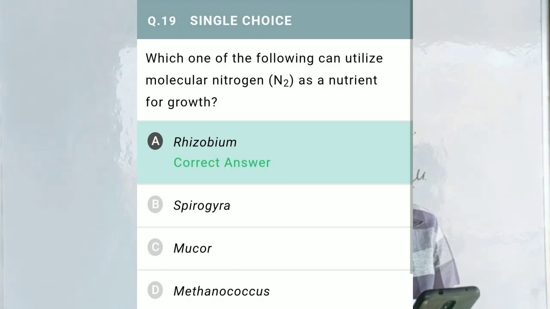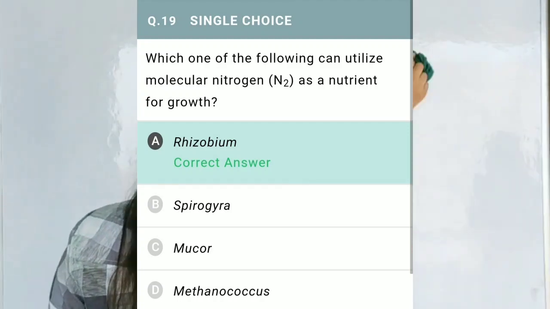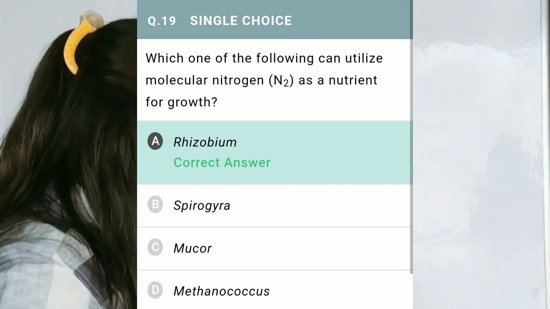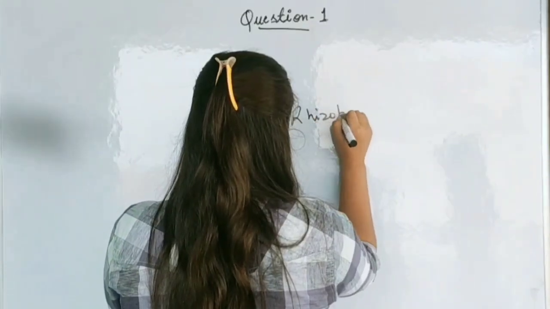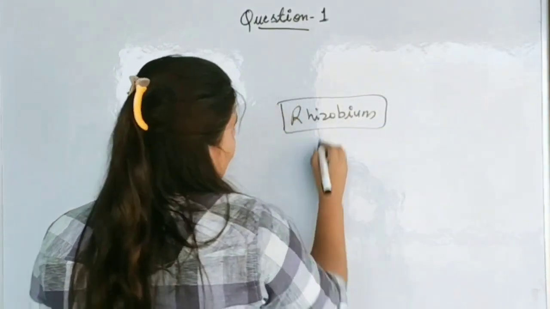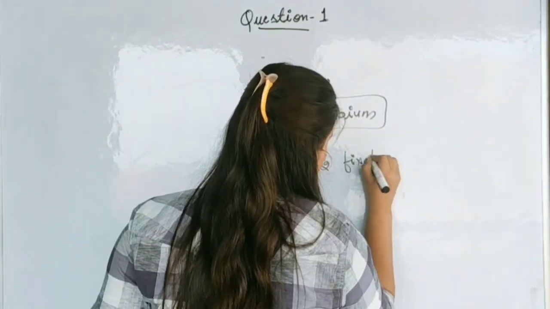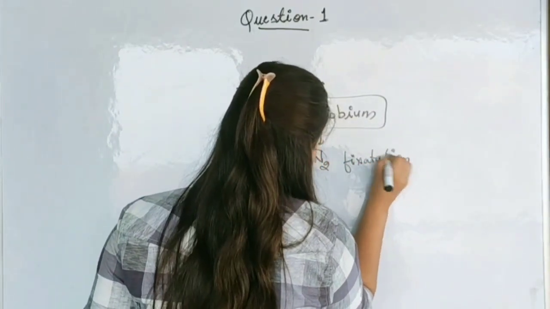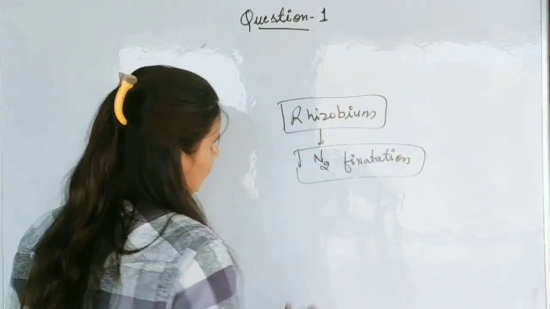Which one of the following can utilize molecular nitrogen N2 as a nutrient for growth? So if we talk about the option A, that is Rhizobium. Rhizobium is used in nitrogen fixation. Now why do we need a nitrogen fixing bacteria?